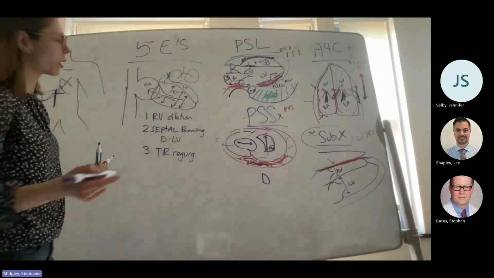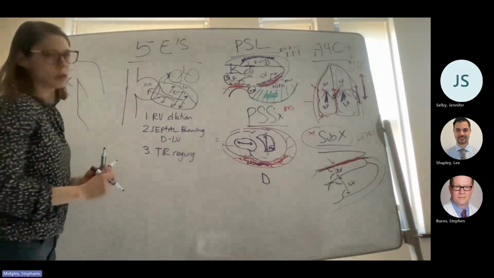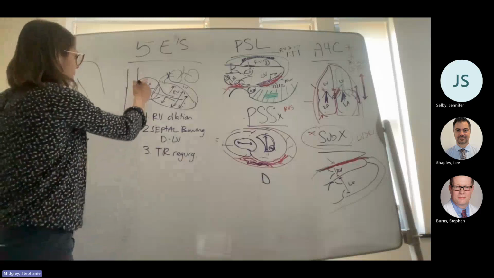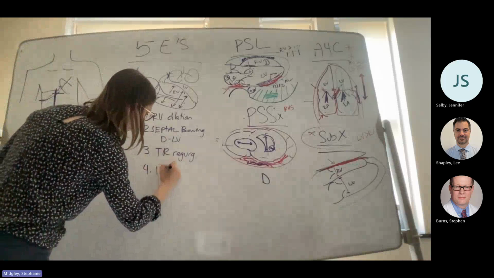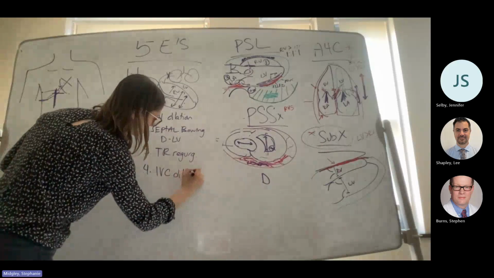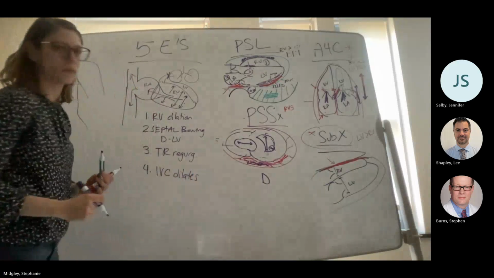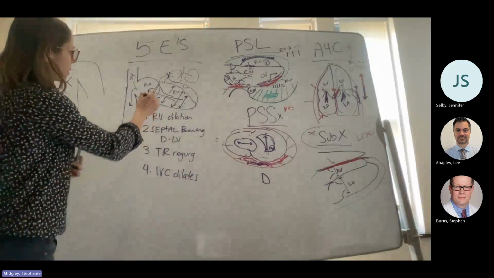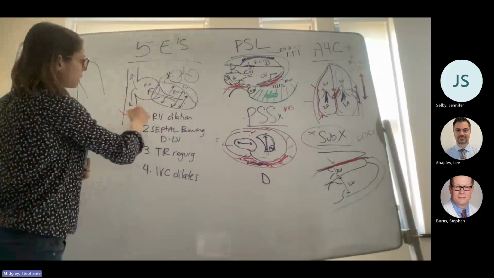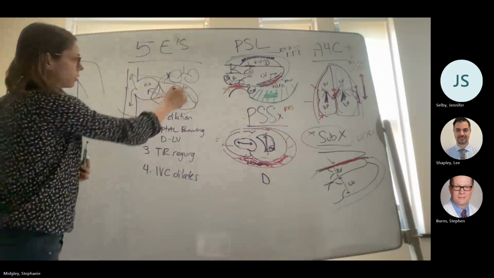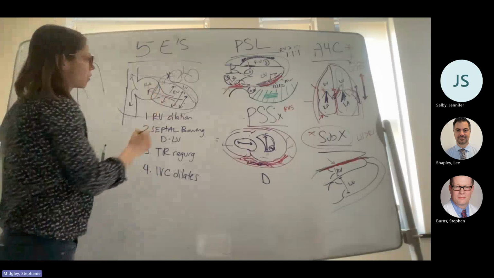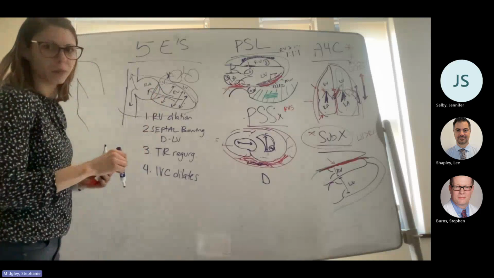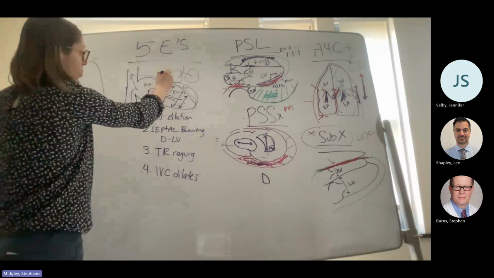If this is an acute process, my RV doesn't really get big because it doesn't quite have time. And so that blood's got to go somewhere. And the next thing that happens is my IVC dilates because the blood's just going to back up. And then all this blood is stuck on the right side of my heart. So my left side only can see what my RV can push out. And now my RV can't push out a lot of blood because there's this obstruction.